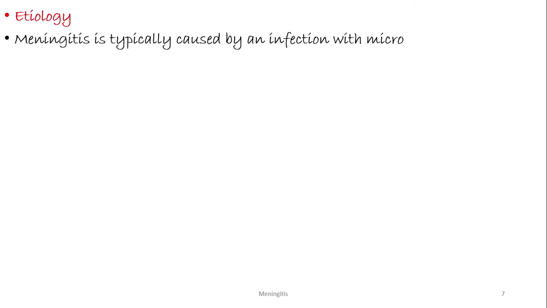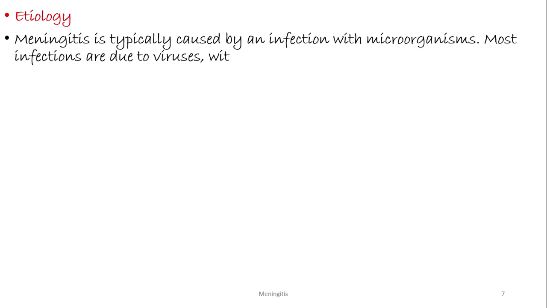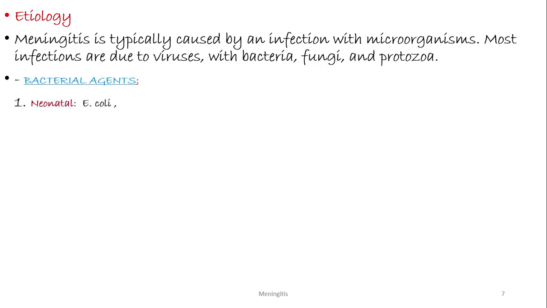Now let us take a look at the etiology. Meningitis is typically caused by an infection with microorganisms. Most infections are due to viruses, with bacteria, fungi, and protozoa also responsible. The bacterial agents include, in neonates, E. coli and group B streptococci.